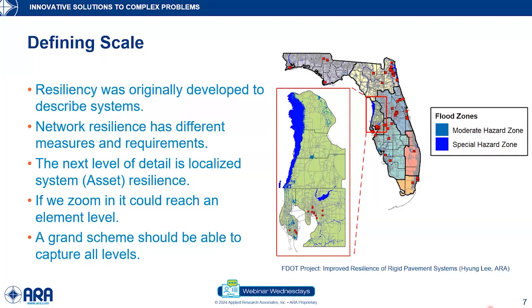And if we zoom in even further, we can get down to the element level. And at that level, when we discuss resiliency, for example, for a single foundation, there is a need for a different style or approach to resiliency. At the grand scheme of things, I believe that a robust resiliency framework should be able to capture all these levels through different processes, not necessarily through the same process.